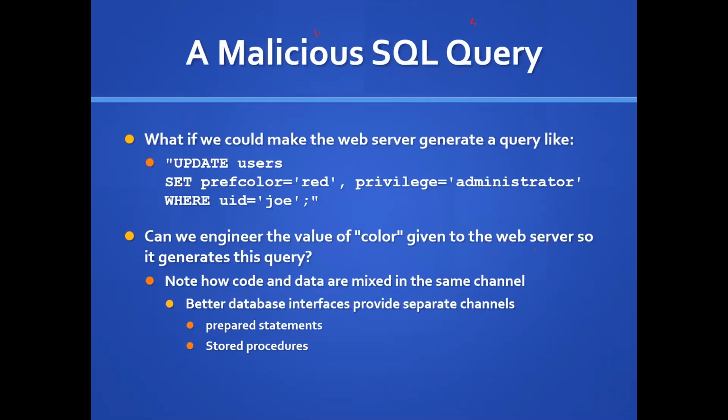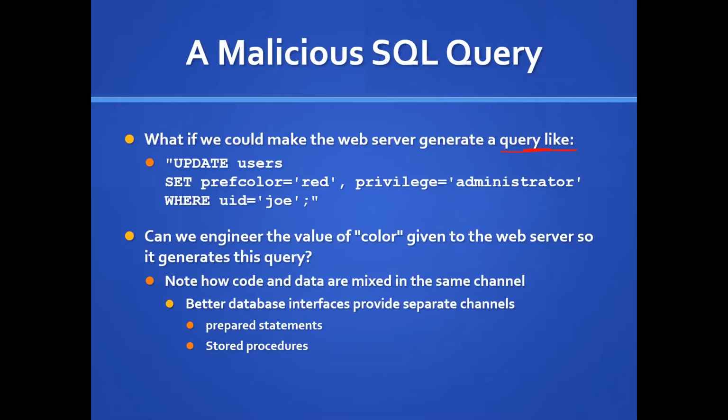So a malicious SQL query then, what if we could make the web server generate a query like this one? So now we want to say update users, set the preference color to red, set the privilege to administrator, where UID is Joe. So what's the problem here?